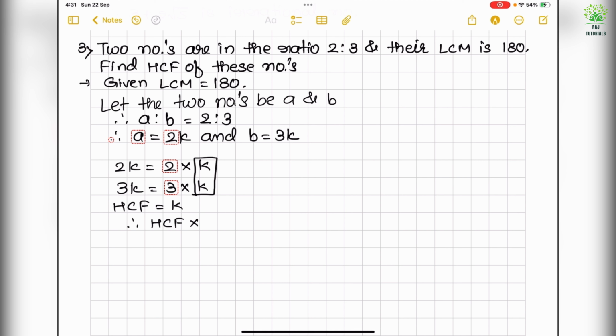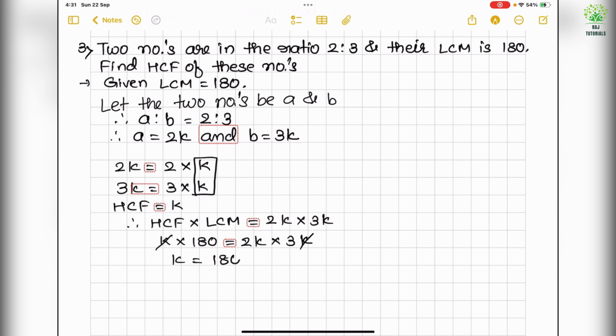Now, it is given that LCM is 180. So, therefore, I can say HCF into LCM equal to 2K into 3K, that is the product of two numbers. So K into 180 equal to 2K into 3K.